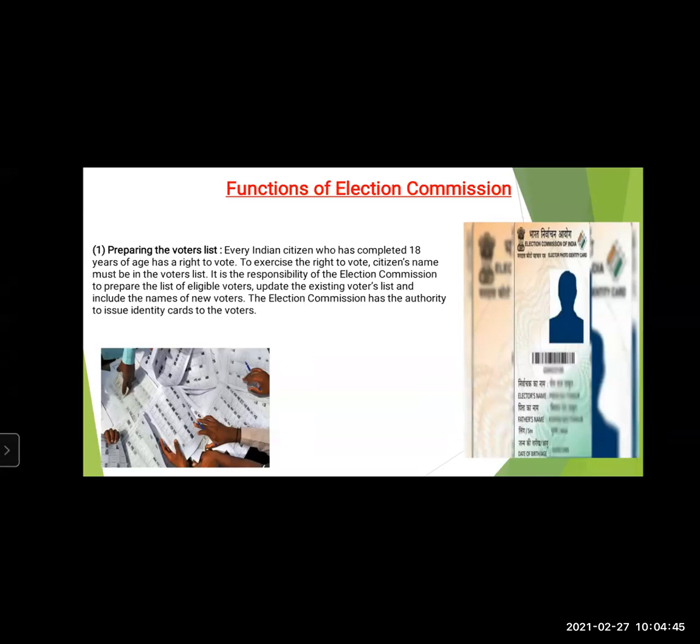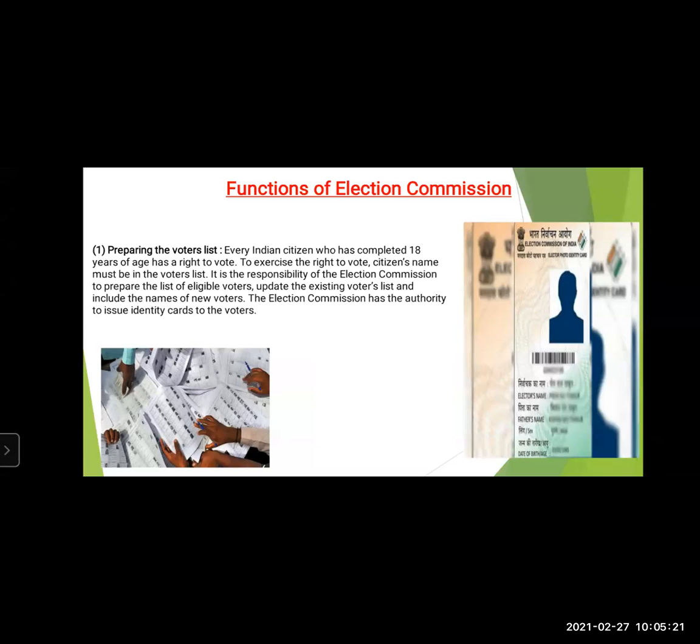It is the responsibility of the election commission to prepare the list of eligible voters, update the existing voters list, and include the names of new voters. They have to prepare an electoral roll, a record of the name, father's name, address, age, and the sex of the voter.